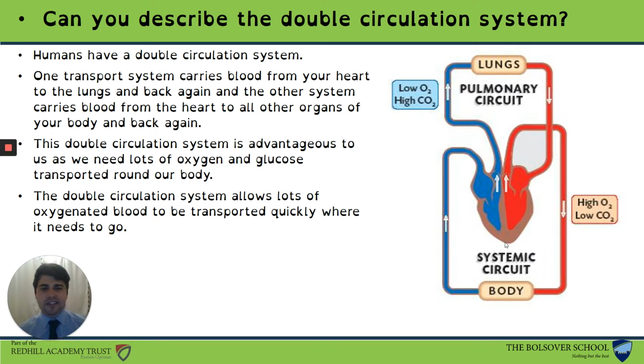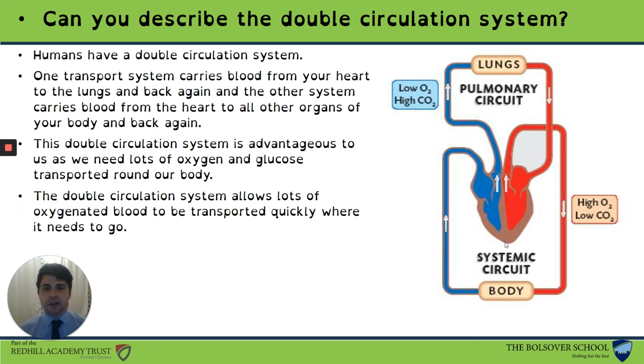The oxygen is then delivered to all of your body tissues wherever it's needed, and then the other pump is responsible for pumping it back round to the heart and then back to the lungs to pick up more oxygen. So why do we need oxygen and glucose?